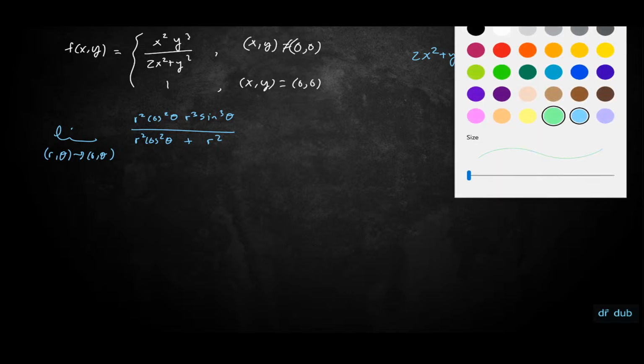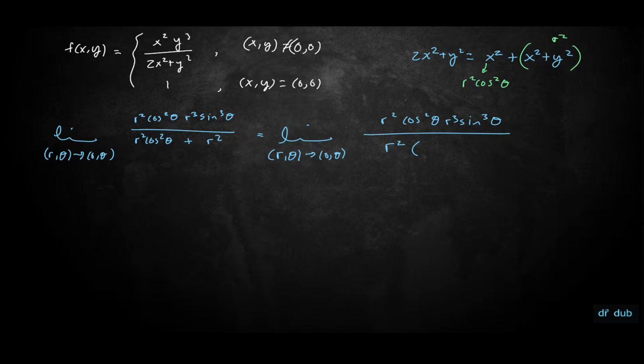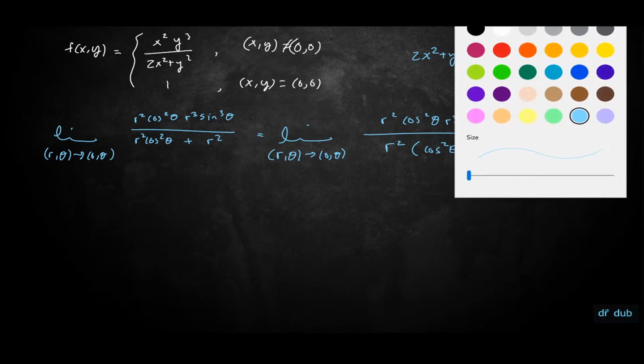I'm basically going to break them up as r squared right here, and then this is going to be r squared cosine squared. So that's how I break up that denominator. And now we can factor out the r squared. So it would be r squared cosine squared, r cubed sine cubed over r squared times cosine squared theta plus 1. And then we would cancel.